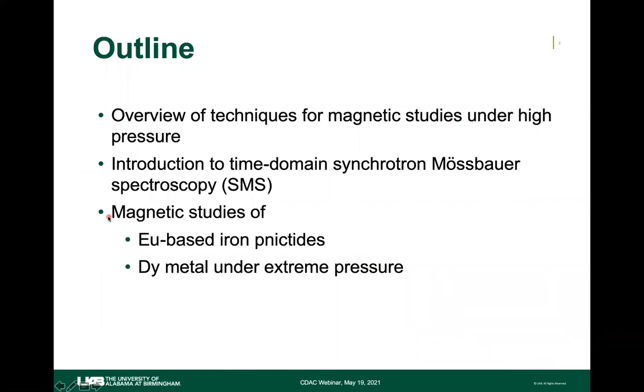And then I'll go into three examples on the applications in europium-based iron pnictides, and then switch gear to dysprosium metal. So that's a different isotope, and how we can use the synchrotron multiplier to study the magnetism under high pressure.